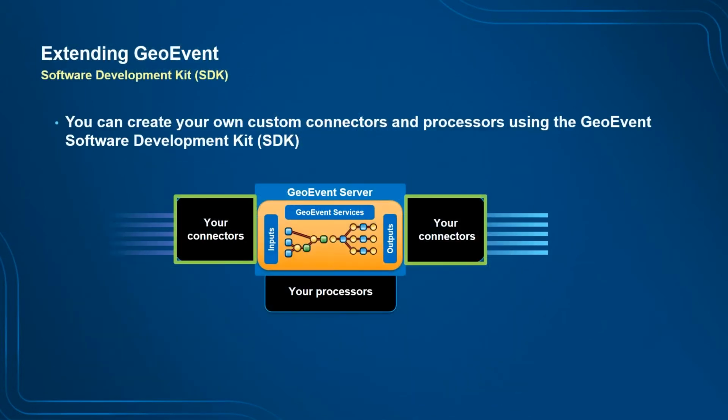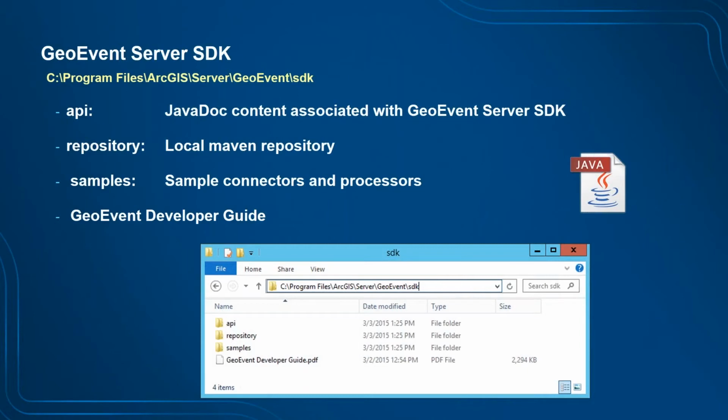But if you do go the route of developing your own components, remember you can write your own input or output connectors as well as processors. And you do that with the SDK, and the SDK will be installed automatically when you install GeoEvent Server. You'll find it in the same folder and directory where GeoEvent Server is installed, and that's by default typically C:\Program Files\ArcGIS. In the Server and GeoEvent folder, you find the SDK folder with API documentation.